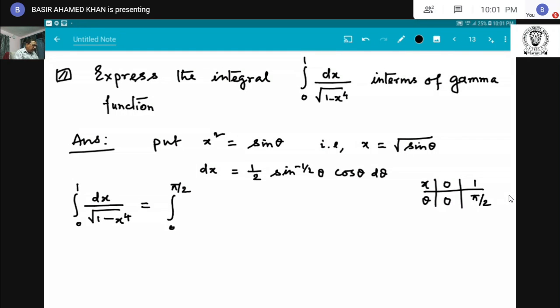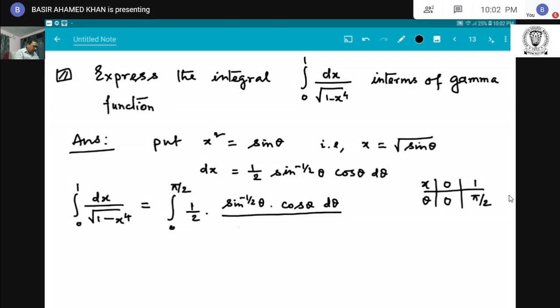So the integral from 0 to pi by 2 of half sine to the power minus half theta into cos theta into d theta, divided by root of 1 minus sine square theta.